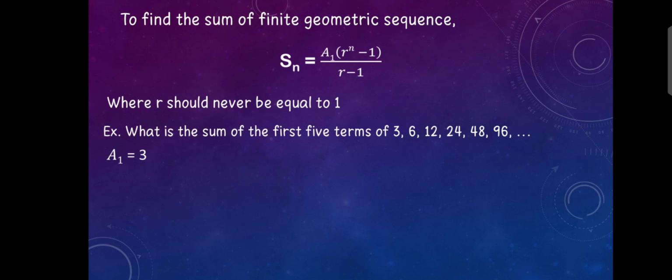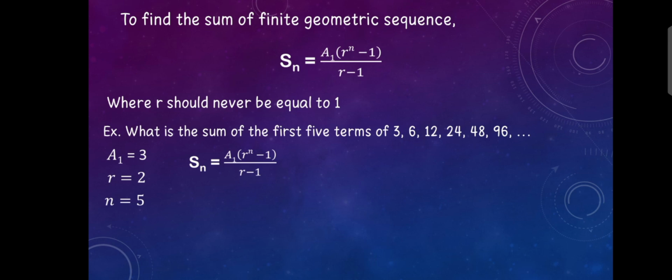What is the sum of the first 5 terms of 3, 6, 12, 24, 48, and 96? So here's our given. A sub 1 is equal to 3, r is equal to 2, and n is equal to 5. Now, we will use our formula to find the sum of the first 5 terms.